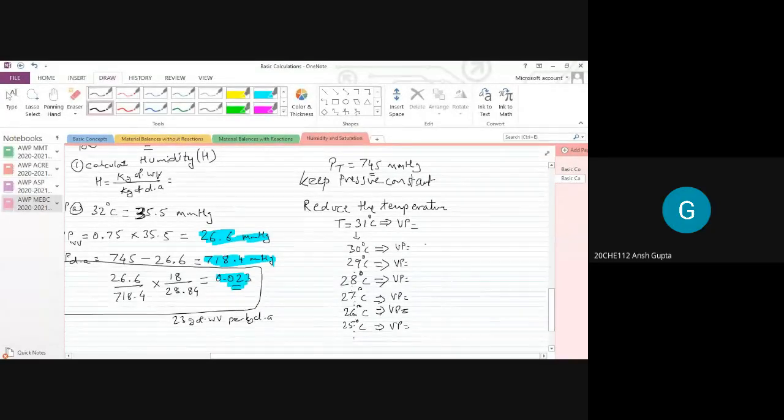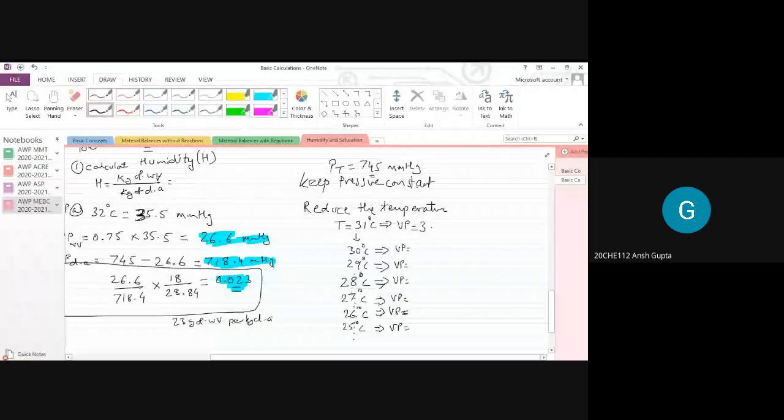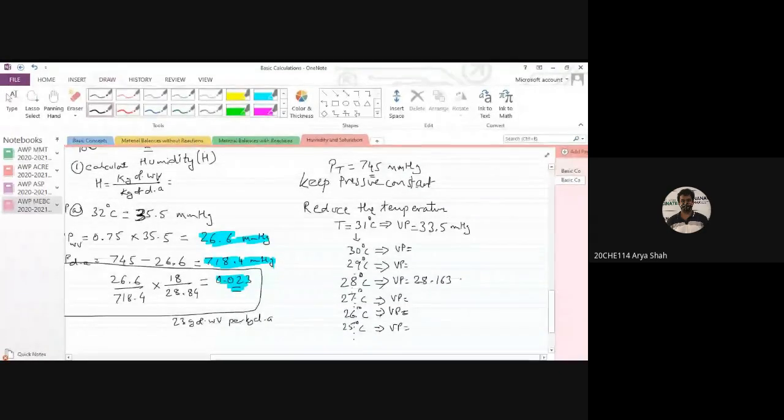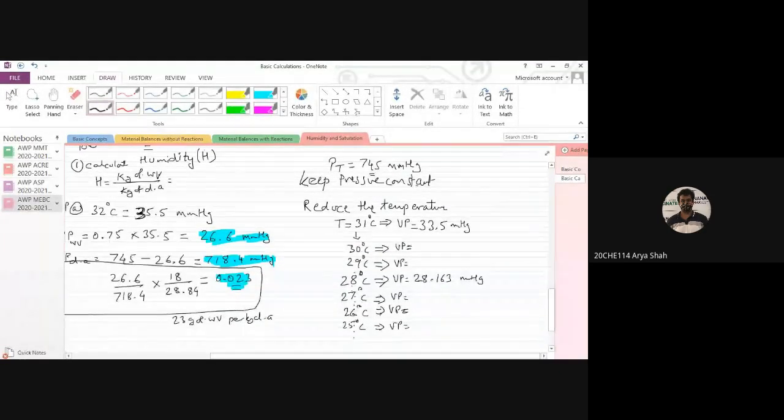For 31, it is 33.52. 33.5. So for 28 degrees Celsius, it is 28.163. For 30 degrees, it is 31.65. For 25, it is 23.6.